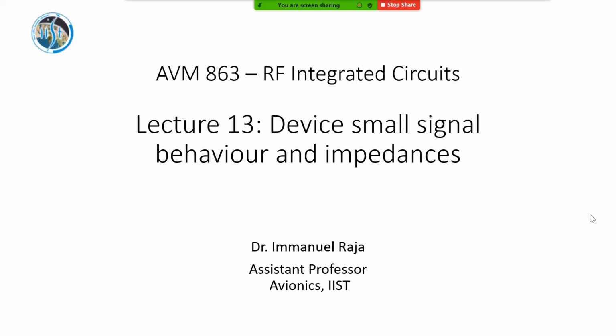CMOS devices are much cheaper, and although the overall cost of the entire CMOS process is very high, because of the volume production, the cost per unit IC becomes very, very cheap. Which is why the entire VLSI industry is now sitting with CMOS. All digital circuits predominantly are done only in CMOS. In analog circuits, a large majority have moved over to CMOS. Mixed signals are in CMOS.